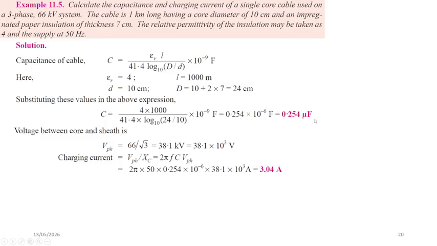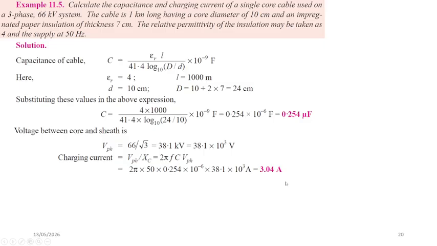So after determining the phase voltage between the core and sheath, the charging current is obtained using the capacitive reactance relationship at a frequency of 50 Hz. So the final charging current can be calculated as 3.04 amp.